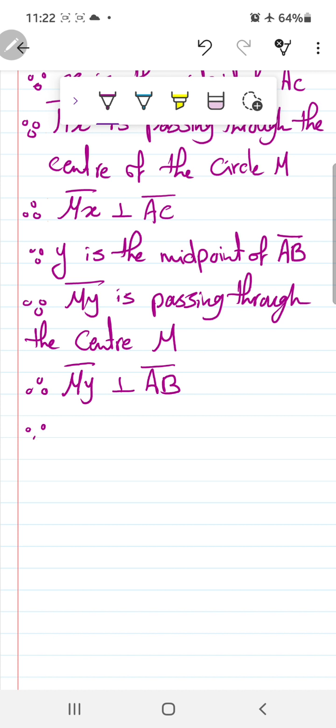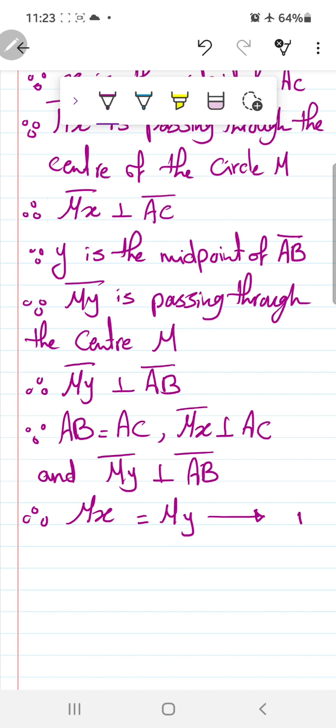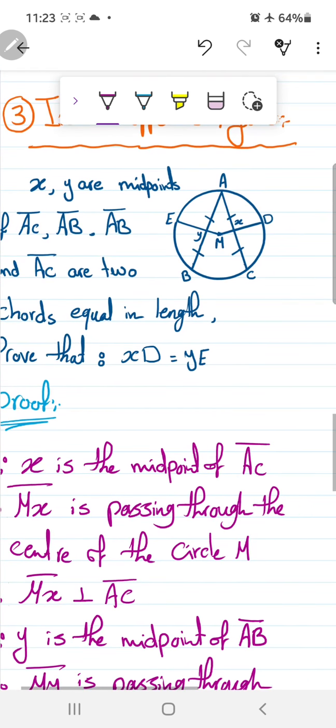Since AB equals AC and MX perpendicular to AC, MY perpendicular to AB, then we get MX equals MY, and let it be number 1. What about MD and ME?